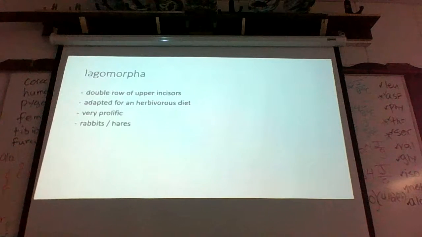As you can see, these you would think are very more like rodents, but because of this characteristic right here, a double row of upper incisors, I suppose you could almost classify beavers into this category as well, but they're more so associated with that of rodents. And very prolific. That's also a characteristic of the rodents. So these mammals would be very closely related.